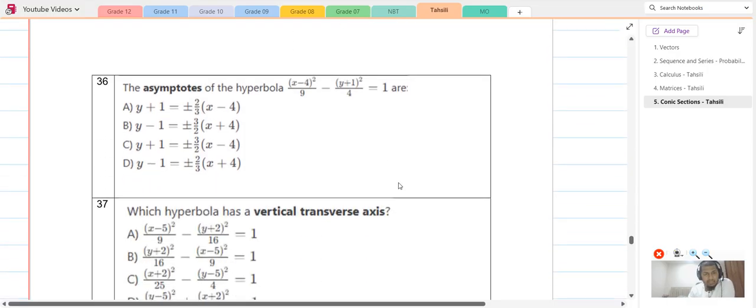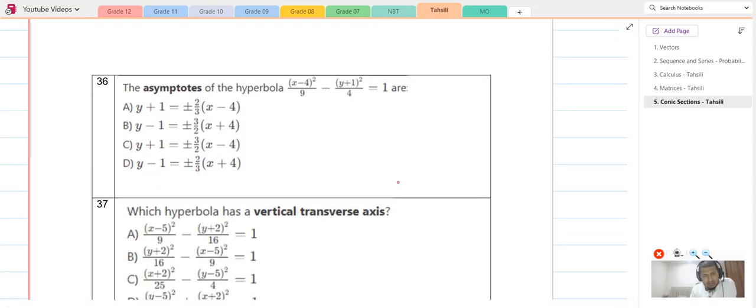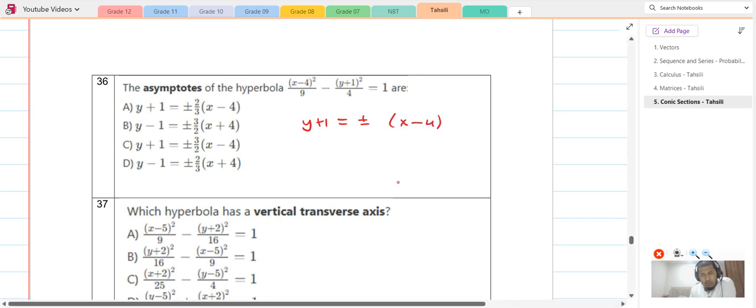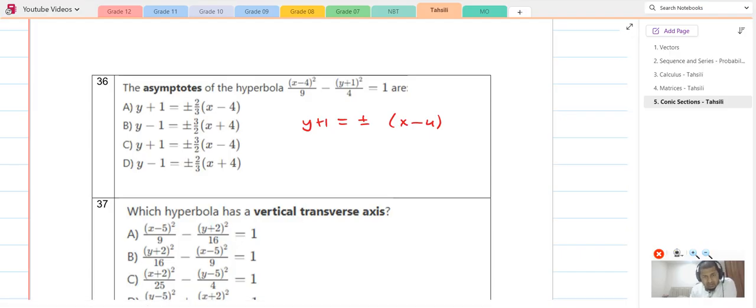Next question. The asymptotes of the hyperbola are, what's the asymptote? We're going to start with y plus 1 is equal to plus or minus (x minus 4). Now remember this is your a squared and your b squared.